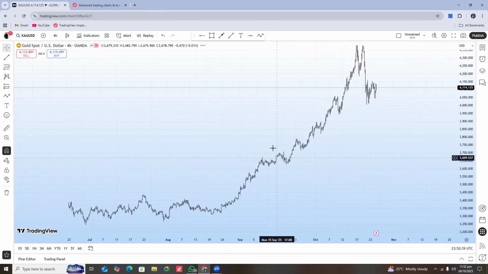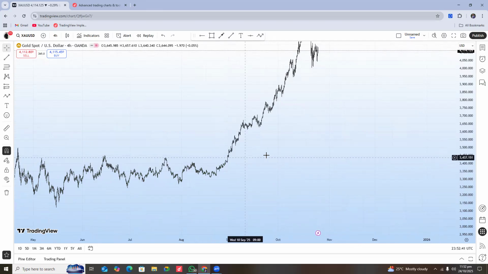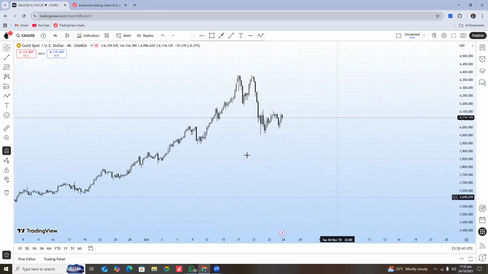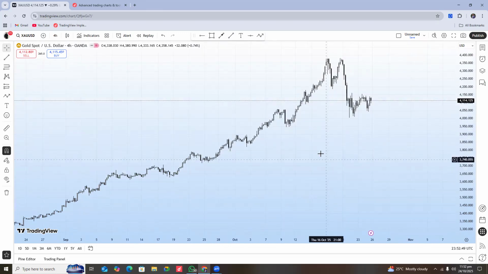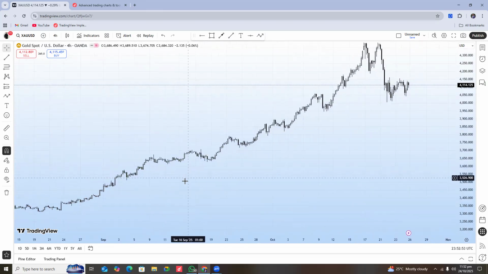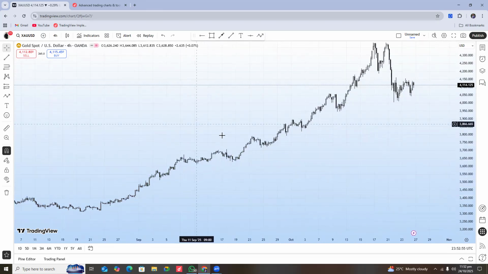So today, just like we saw the other time, this market is in an uptrend, and it's a clear uptrend. As the market was going up, as usual, it was forming higher highs and higher lows.